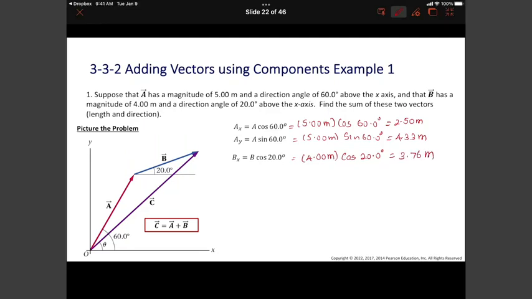Similarly, the y component of vector B, By, is B sin 20 degrees. So it is 4 meters times sin 20.0 degrees, which is equal to 1.37 meters.